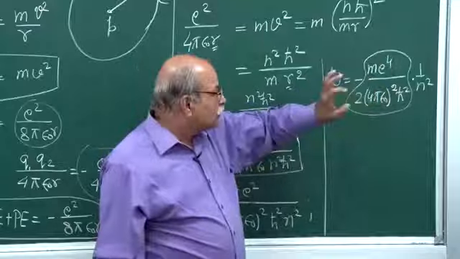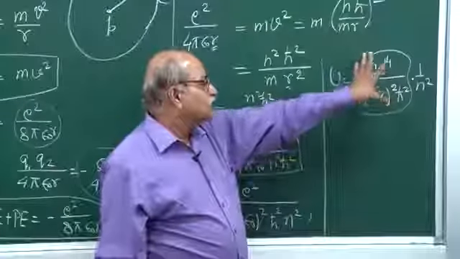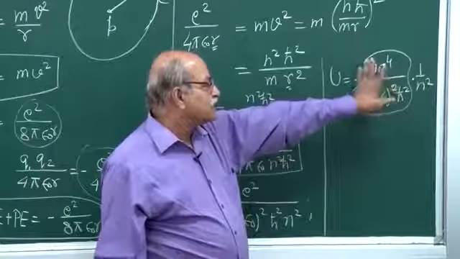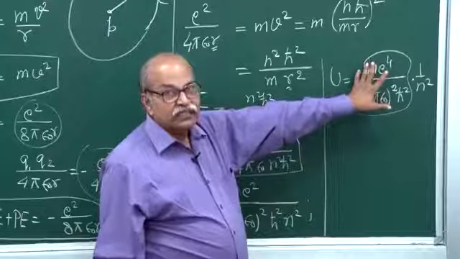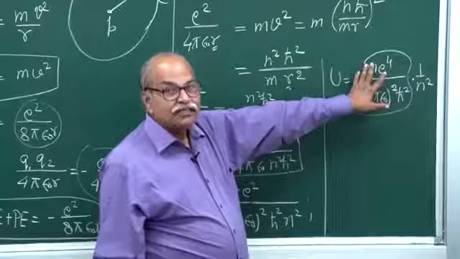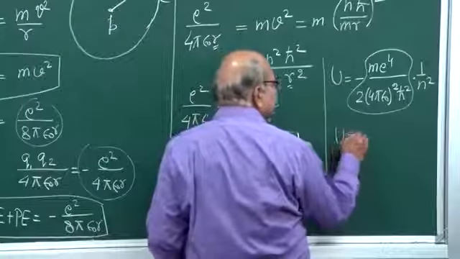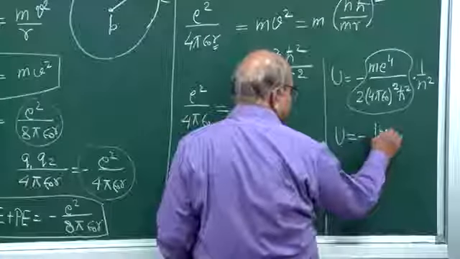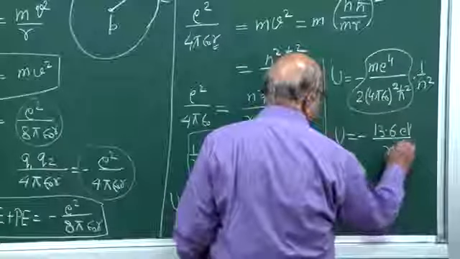If we put in the mass of the electron, charge of the electron, epsilon naught, and Planck's constant, and calculate, that turns out to be almost 13.6 electron volt. So the energy is minus 13.6 electron volt divided by n square.